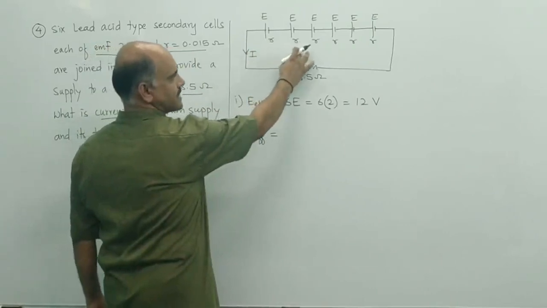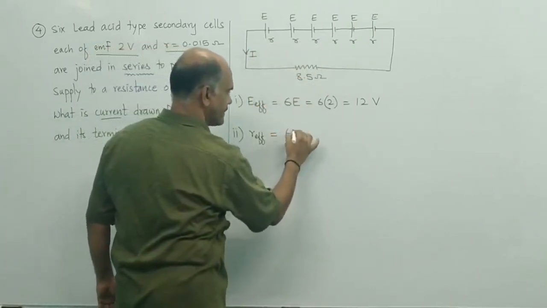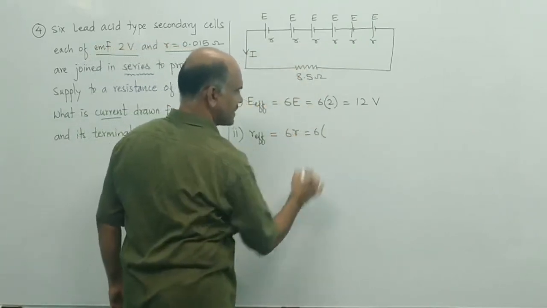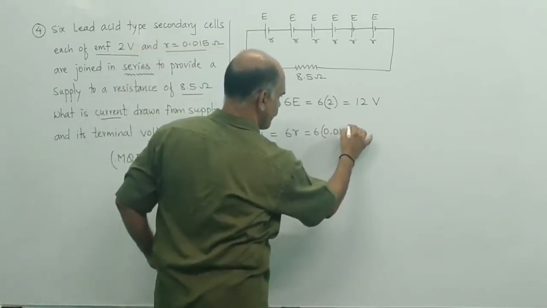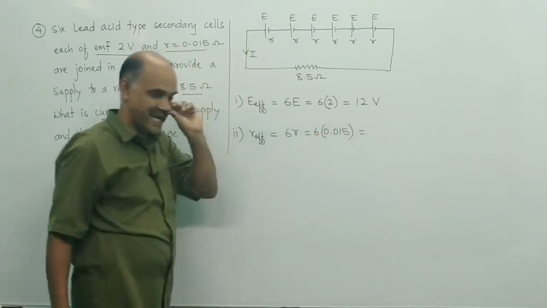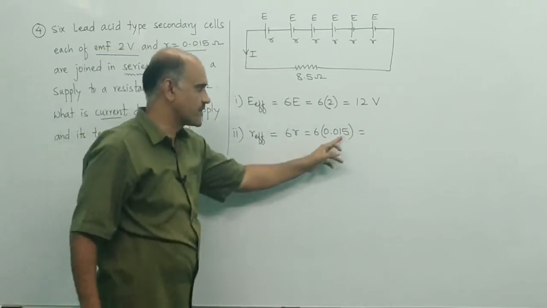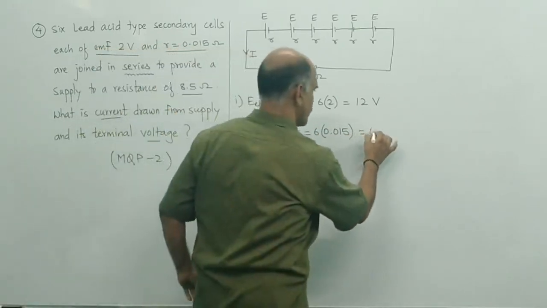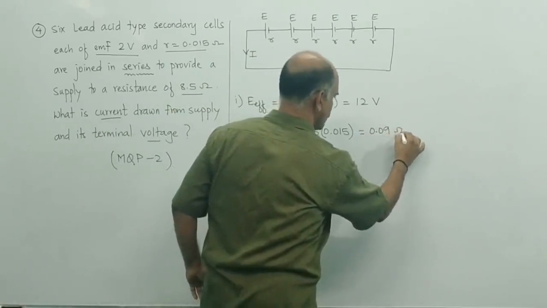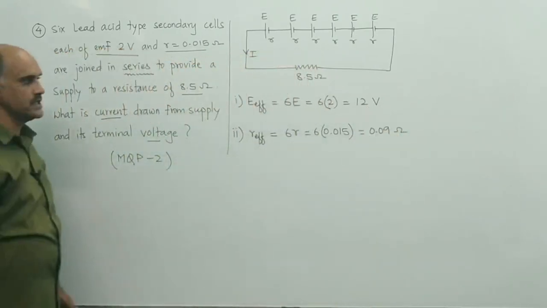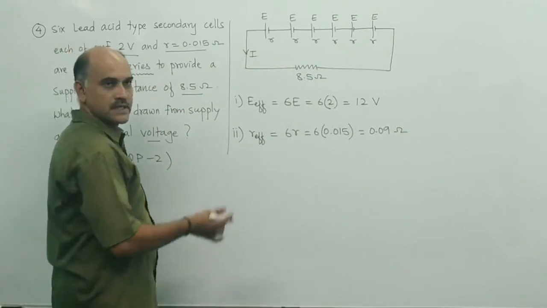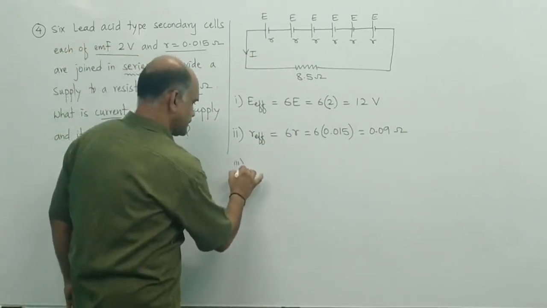Again, instead of r1 plus r2 plus r3, I will take it as 6r. So 6 into 0.015. Use a calculator and multiply. You will get 0.09 ohms. Once you confirm through calculator, 0.09.